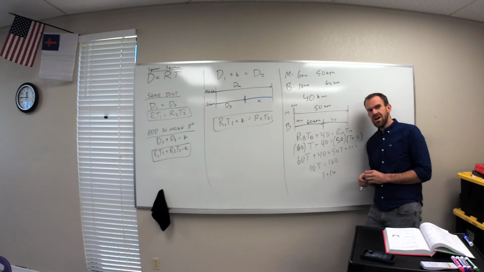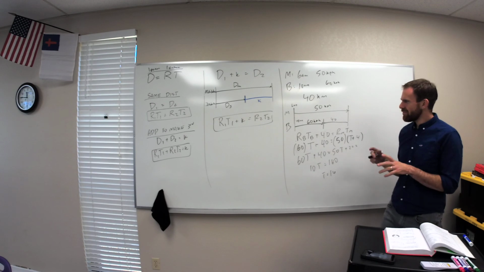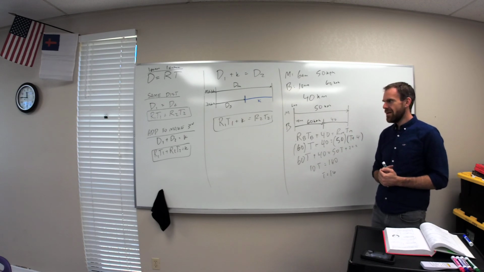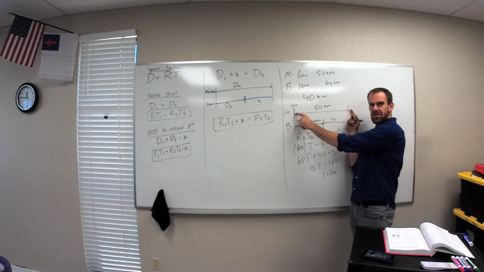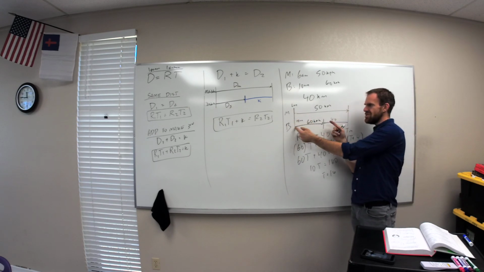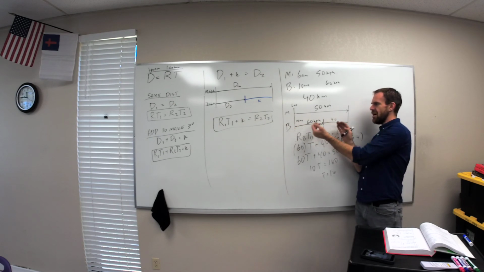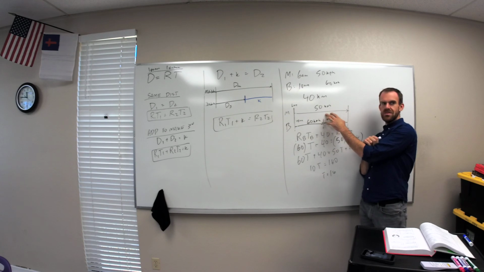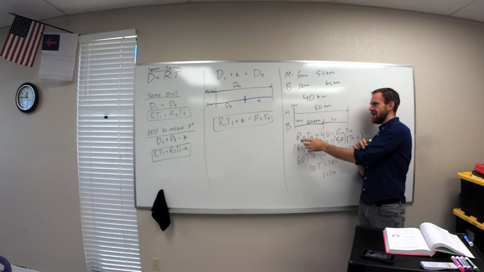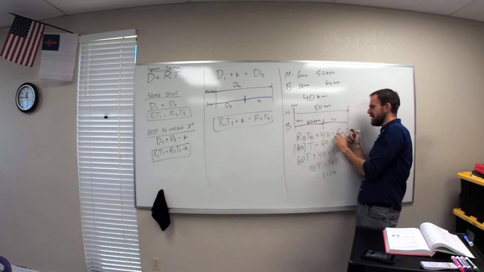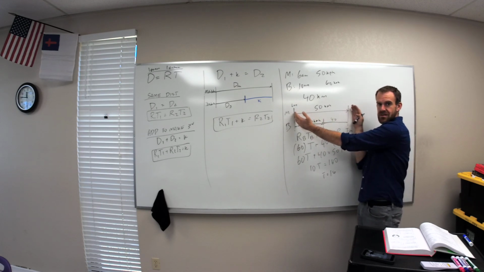Okay, so let's go back really quick. Let's return. Okay, this person traveled the whole time. This person started later, but traveled faster, so eventually they'll catch up. We want to know when this person got within 40 kilometers of that person. So we set up RBTB, the shorter distance, plus 40 equals the longer distance.